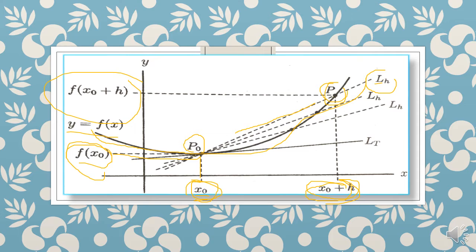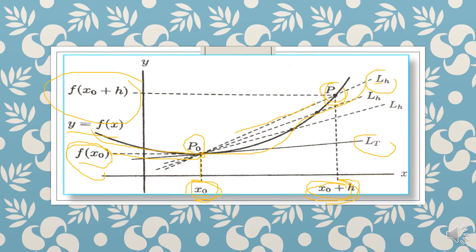This limiting position is actually the tangent line, yan yung L sub t. This is the tangent line to the curve at point P sub O, na dumaan din dito sa point P sub O natin.